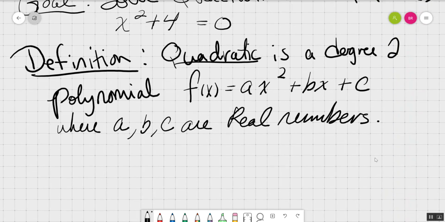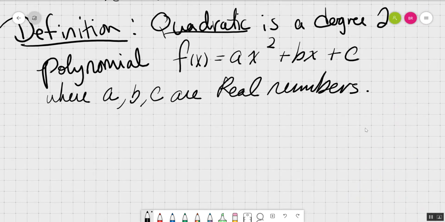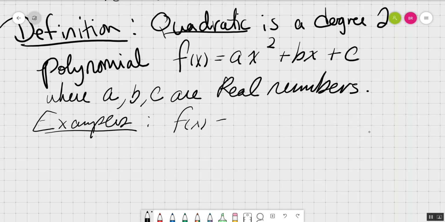So for instance, some examples. The one I just gave you, f of x equals x squared plus 4. So in that one, c is 4. There's no middle term, so b is 0, and a was 1. Here's another one.